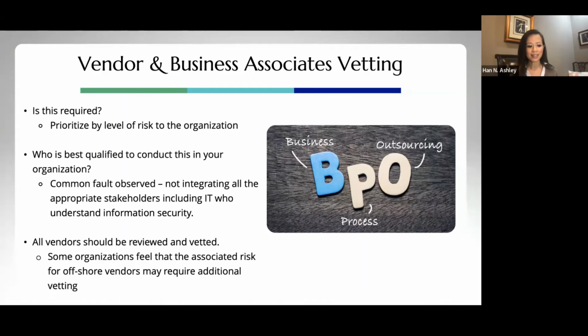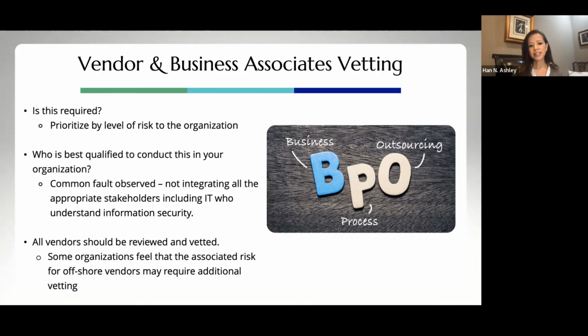We feel that all vendors and business associates should be vetted somehow. That can be as simple as asking: are you getting this vendor or business associate from a recommendation from several trusted sources? At PrivaPlan, we have our own vetting checklist that we run through when we are hired to do this type of work for covered entities, so it is very thorough.